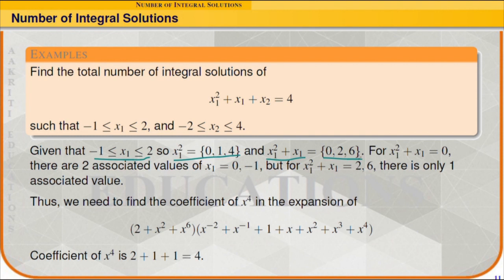But for 2 and 6 there is only one associated value each. So it means for coefficient 0 there will be a multiplication index 2, but for 2 and 6 there will be only multiplication index 1. So the expansion will be 2 plus x square plus x raised to the power 6, and for x2 it will remain the same. So if you find the coefficient of x raised to the power 4, you will get your answer as 4.